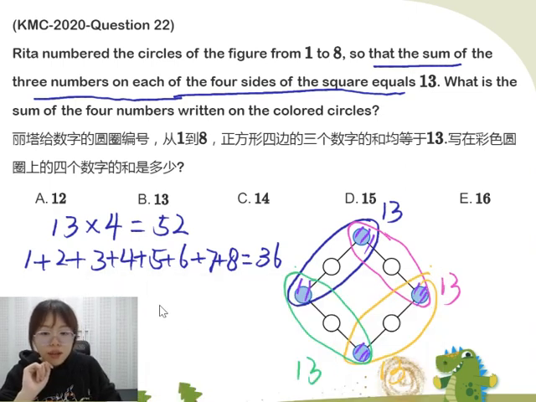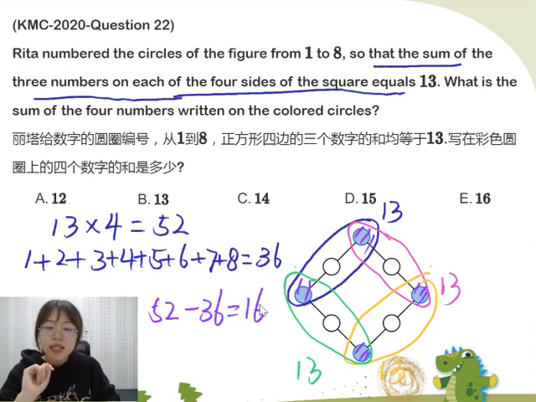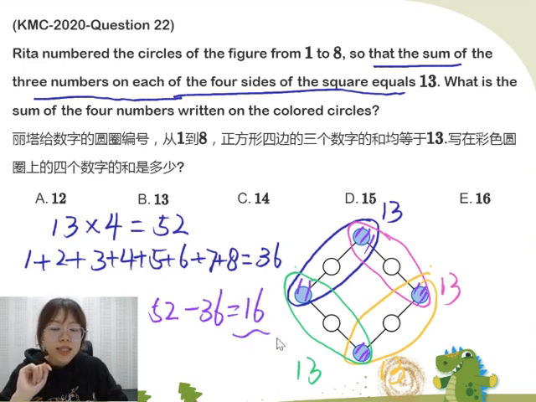Here, if I use 52 minus 36, I get 16. What's this 16? The 16 is just the difference.